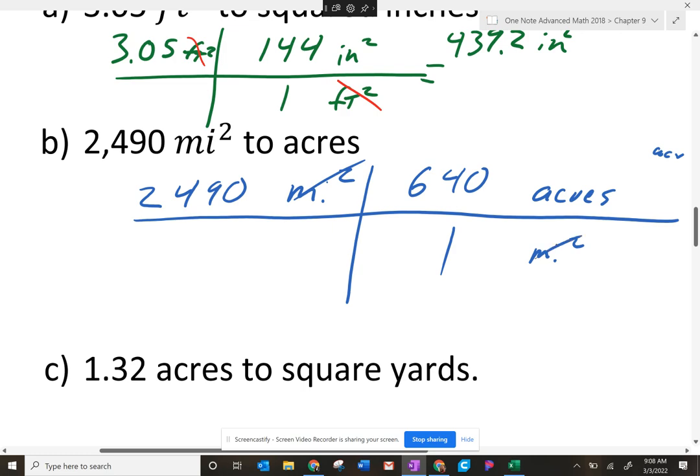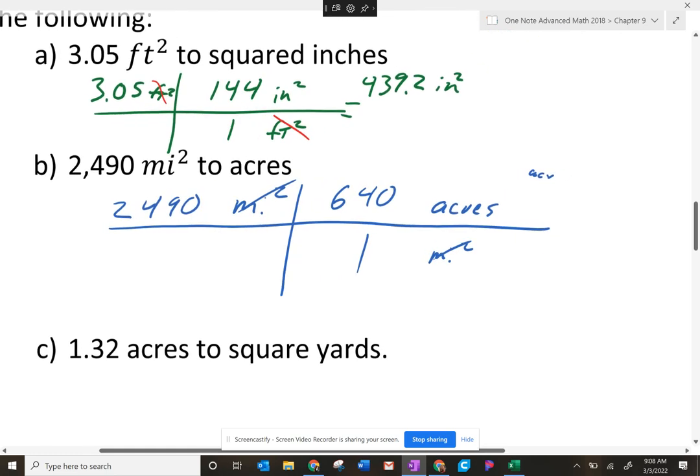These labels are going to cancel out, and I get to multiply straight across. So 2490 times 640 gives a giant number, but we got 1,593,600 acres.